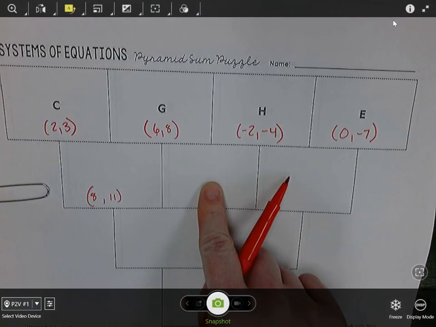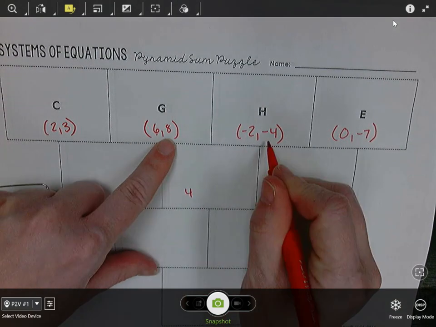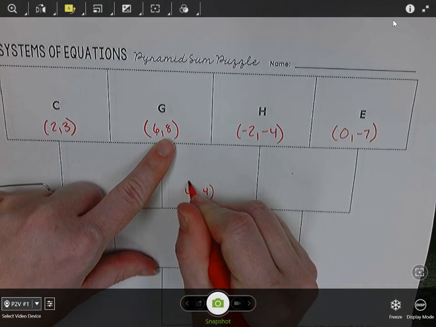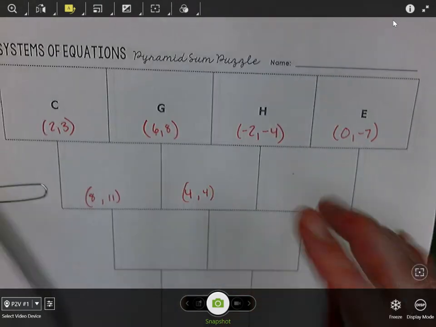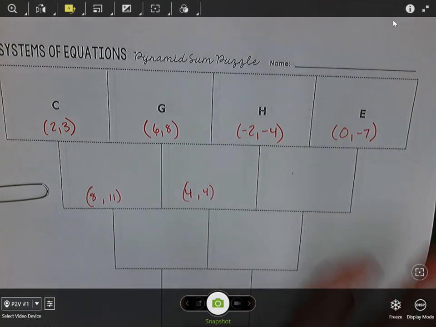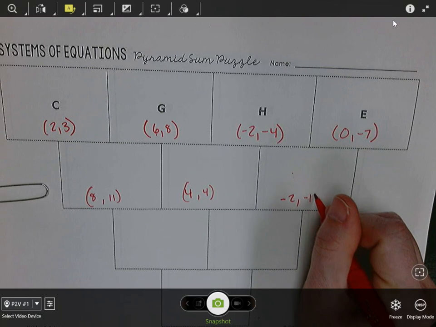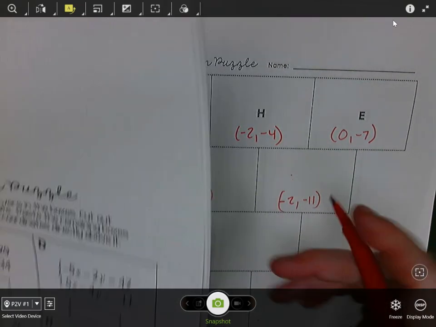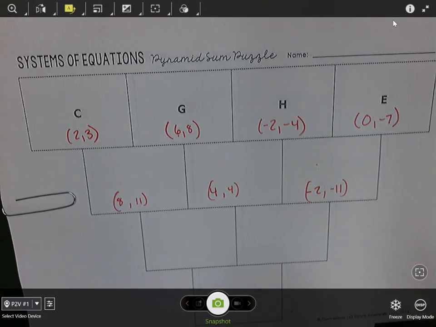Then to figure out what goes in this box, you do 6 plus -2, which is 4, and 8 plus -4, which is 4. So then you find the problem that has 4, 4 as a solution, and it goes here. Then you add -2 plus 0, which is -2, and -4 plus -7 is -11. And then you find the box that has -2, -11 as a solution, and you cut it out and put it here. And then you keep doing that.